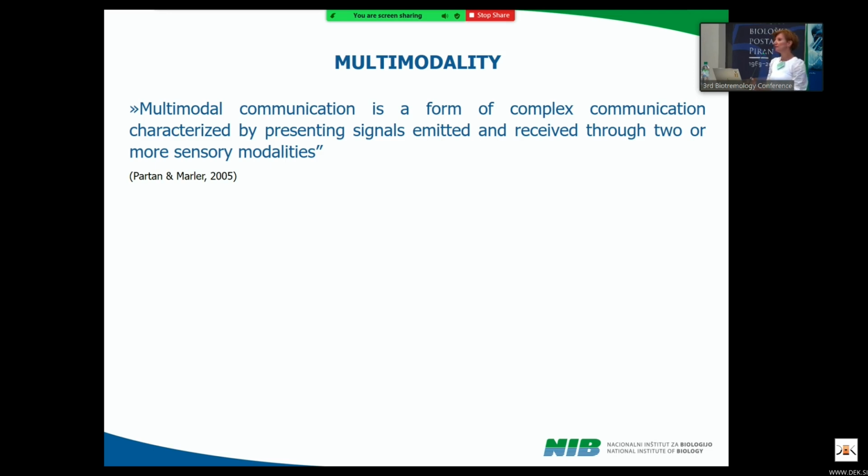Animals communicate in a really complex environment and are involved in intraspecific and interspecific interactions, and thus they require communication and signals that are transmitted via two or even more signaling modalities, and that is multimodal communication.